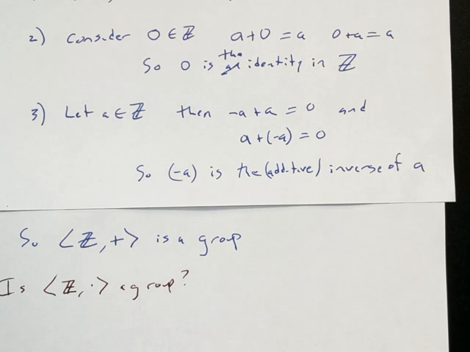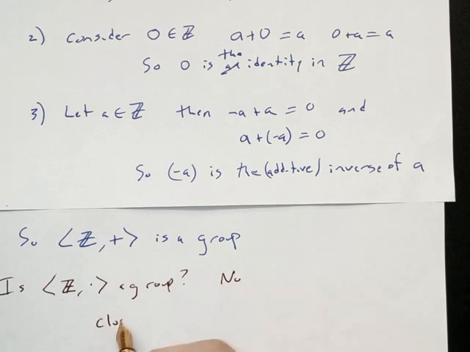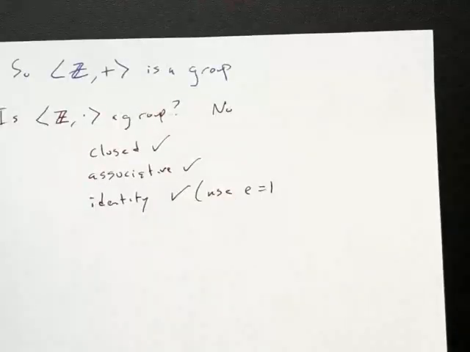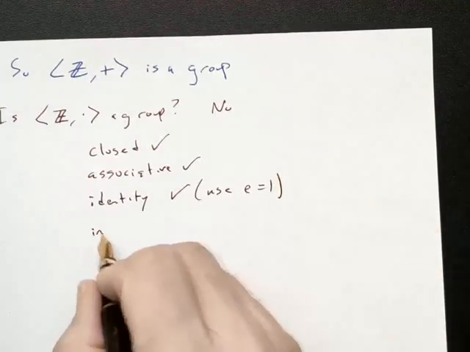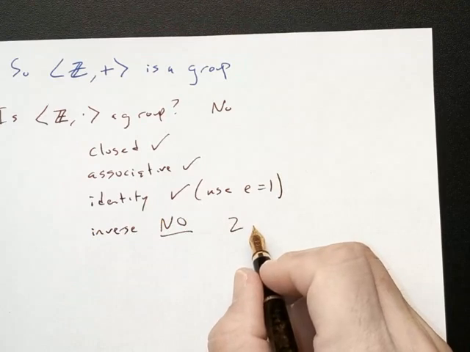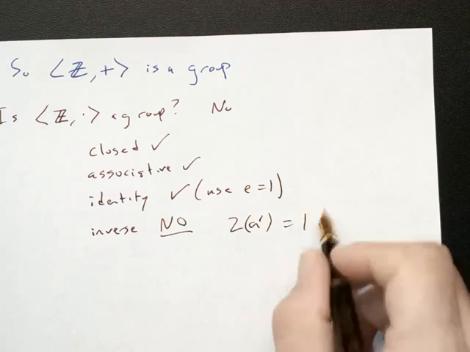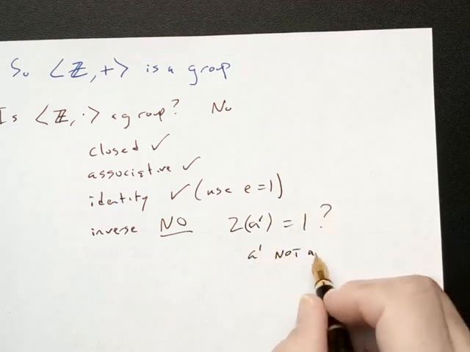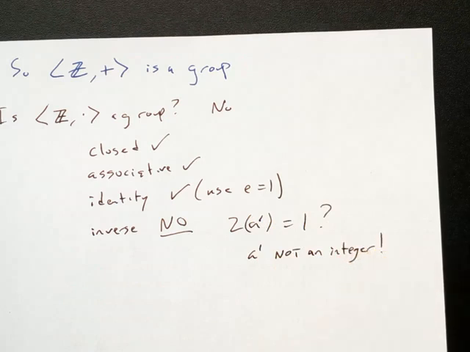So 2 doesn't have a multiplicative inverse. If I try and solve that, the resulting solution is not an integer.